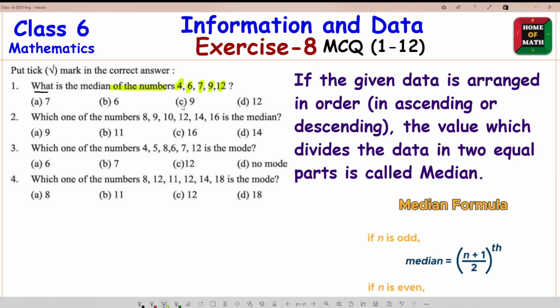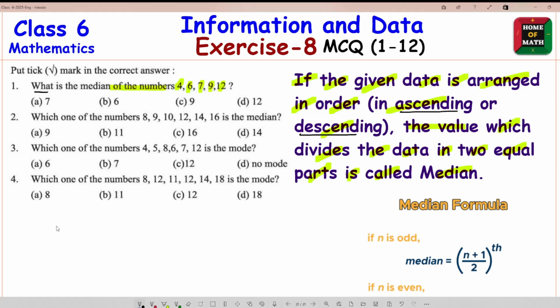So first we have to know what the median is. Median is the value which divides the data into two equal parts, if the given data is arranged in ascending or descending order. So first we have to get some data which we arrange in ascending or descending order.